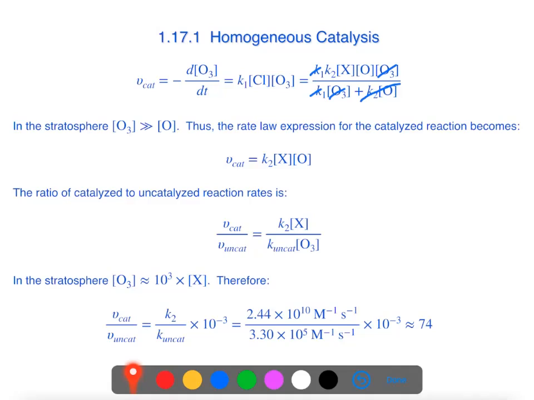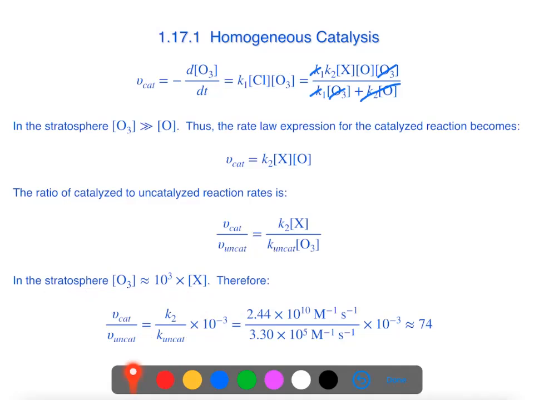What we also know is that in the stratosphere, the concentration of ozone is roughly 1,000 times greater than the sum of the concentrations of the intermediates. So we can include that into our ratio, which then reduces it down to just a quotient of the two rate constants, K2 and K uncat, and we'll include this factor of 1,000 in our comparison.